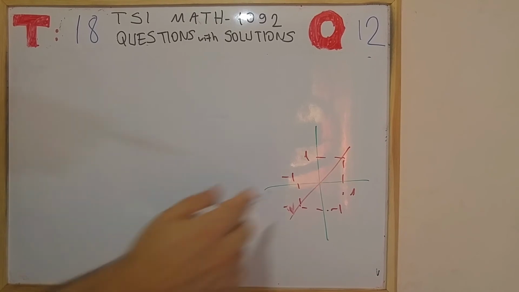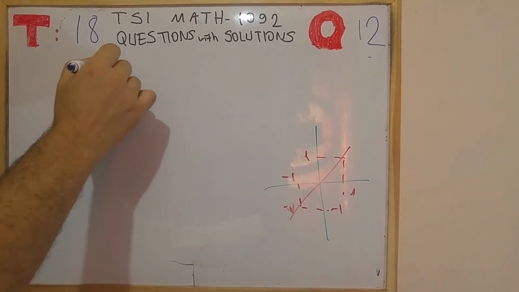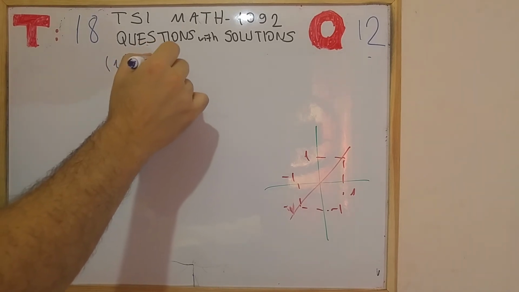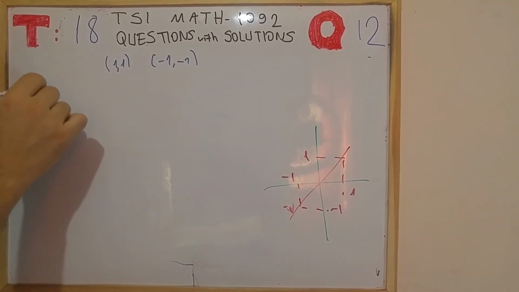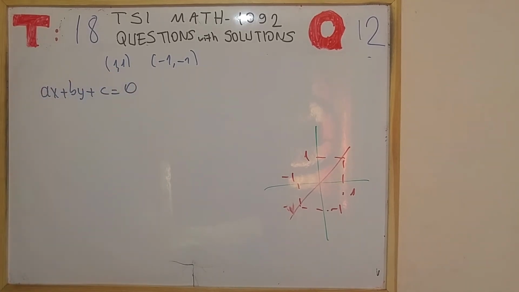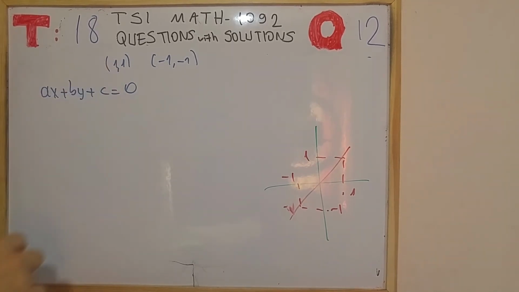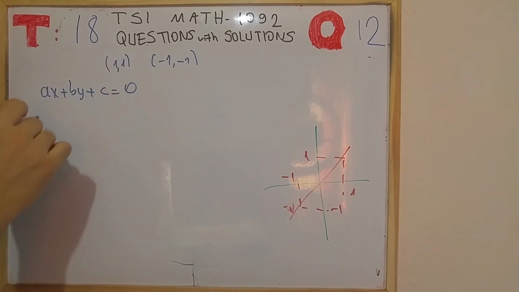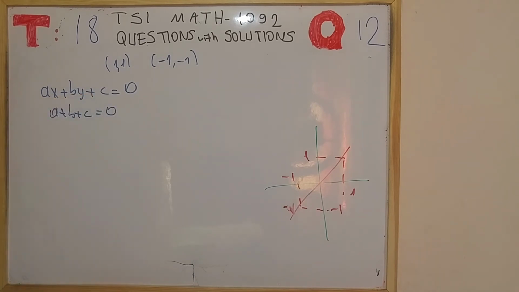Now 2 points, actually 3 points of this line, which are 1, 1, and minus 1, minus 1. Let this function be in the form of ax plus by plus c is equal to 0. Now for a and b, what we have when we value them, at point 1, 1, is a plus b plus c equal to 0.